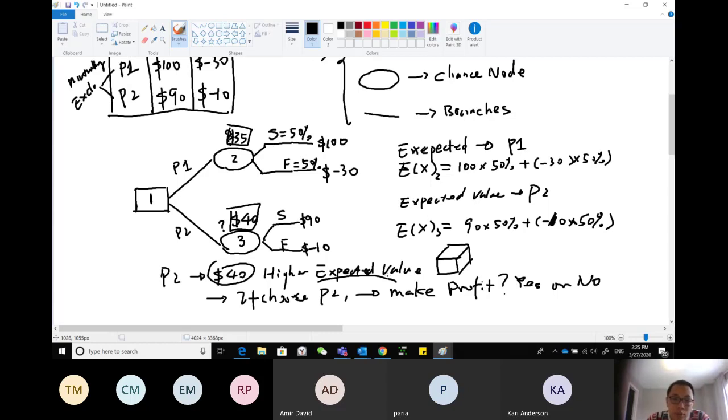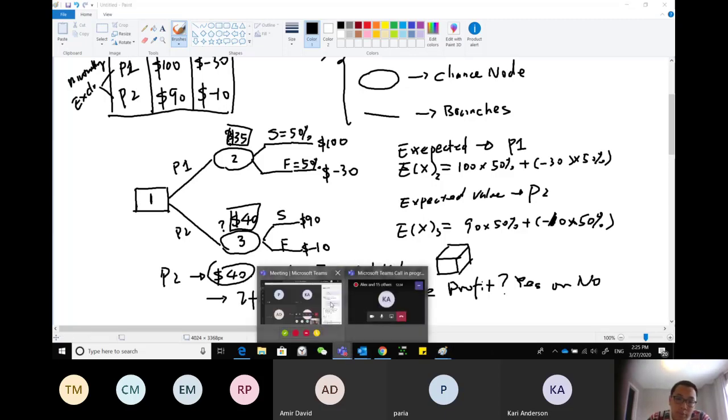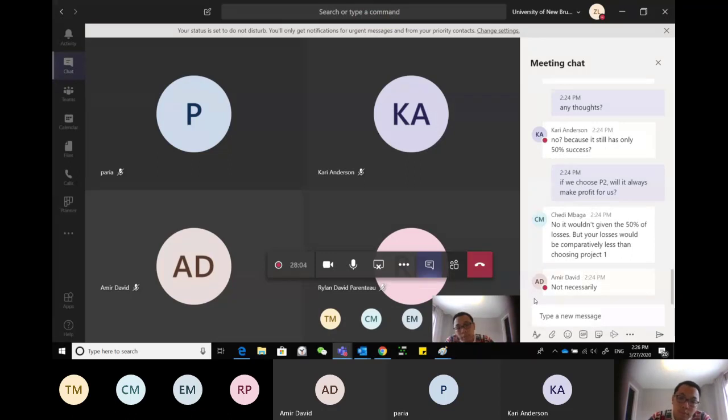If we invest just once, we may end up in a situation where we lose $10. But from a probability perspective, we choose project 2 over project 1 because it has a higher chance of making a profit. So that makes sense?